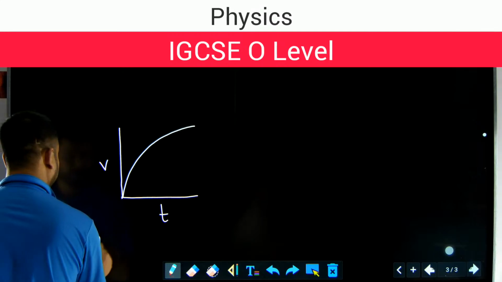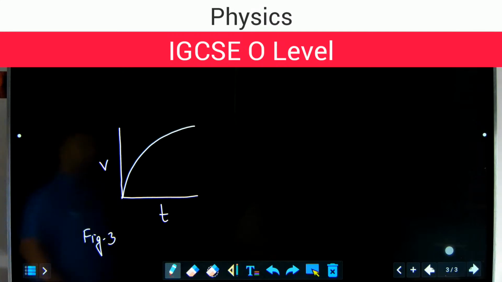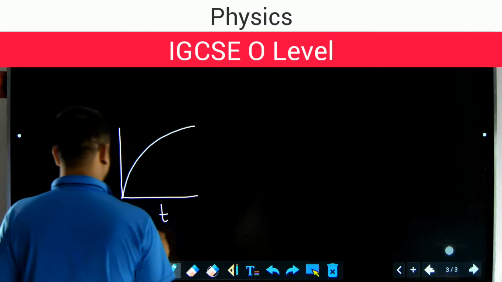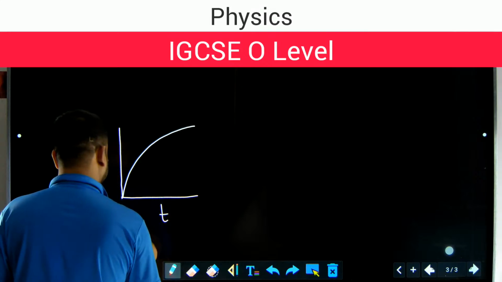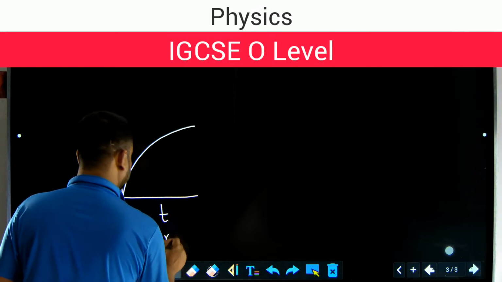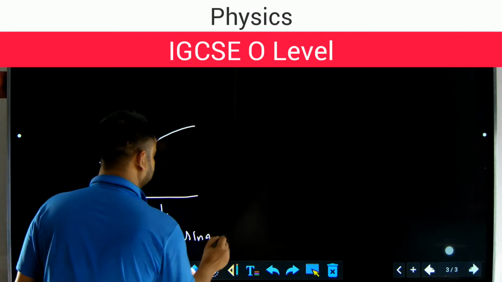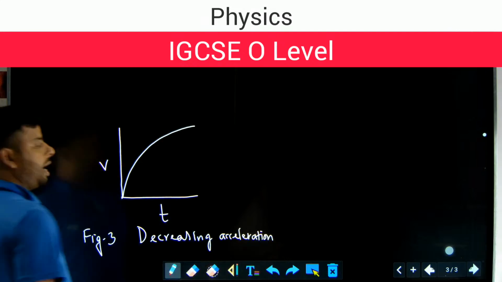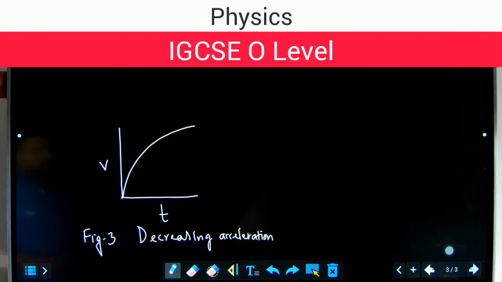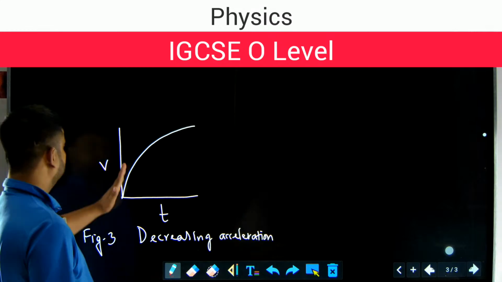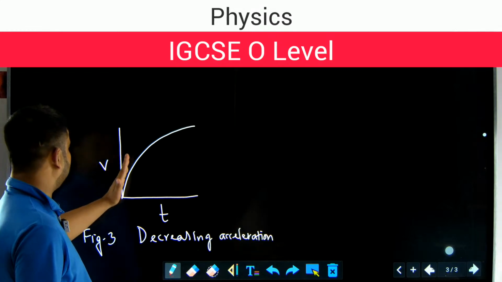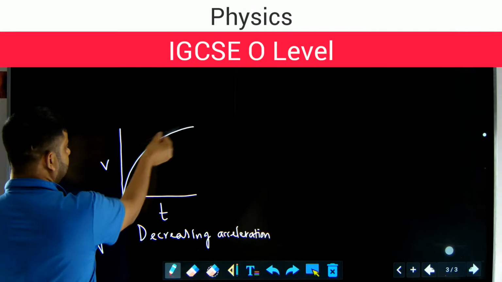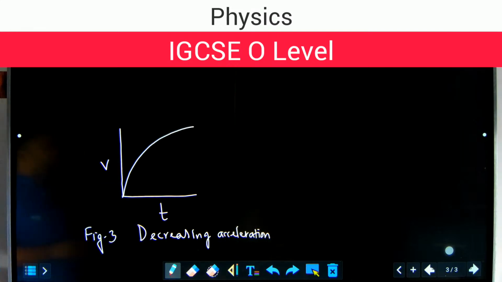Figure 3, this is decreasing acceleration, with decreasing rate, because the gradient of the velocity time graph decreases with time. Look at the velocity time graph: the gradient of the graph is initially higher, then decreases with time.